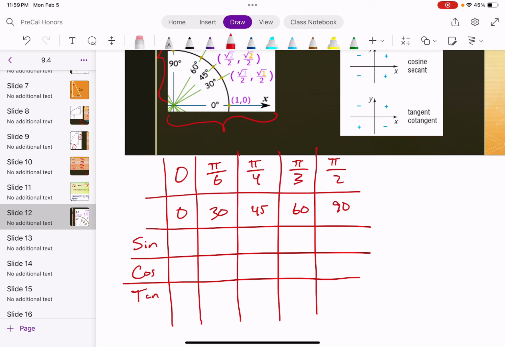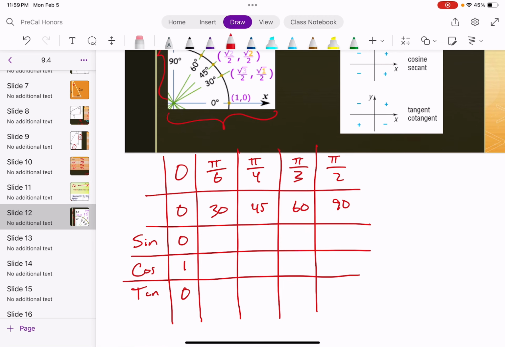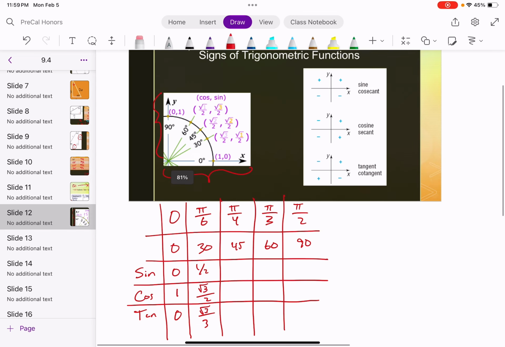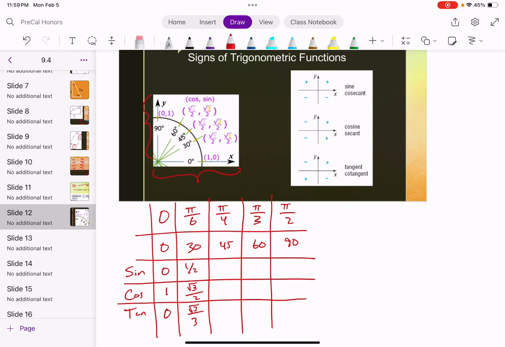So we would end up with 0, 1, 0, 1/2, square root of 3 over 2, and the square root of 3 over 3. And you're going to continue working your way through these problems, and especially using the signs that you see on the top right corner of our PowerPoint.